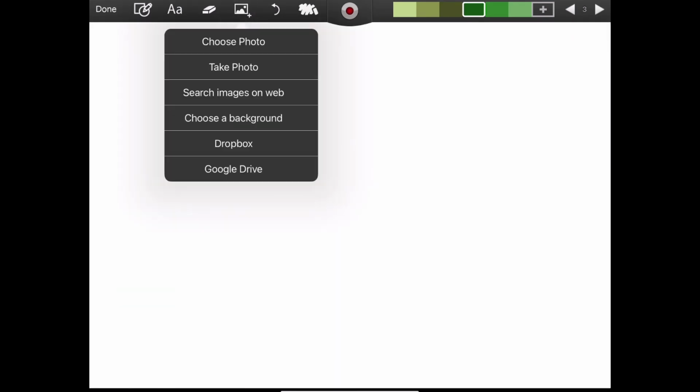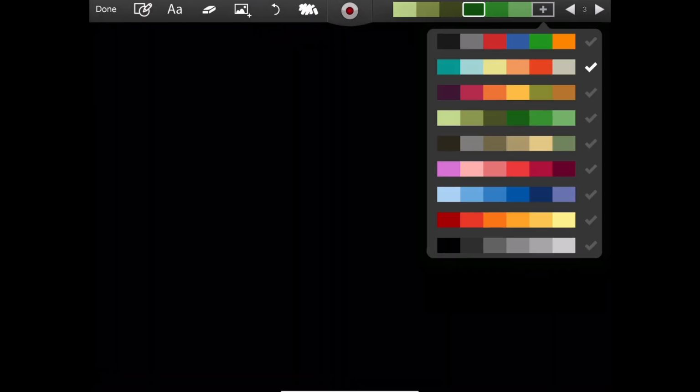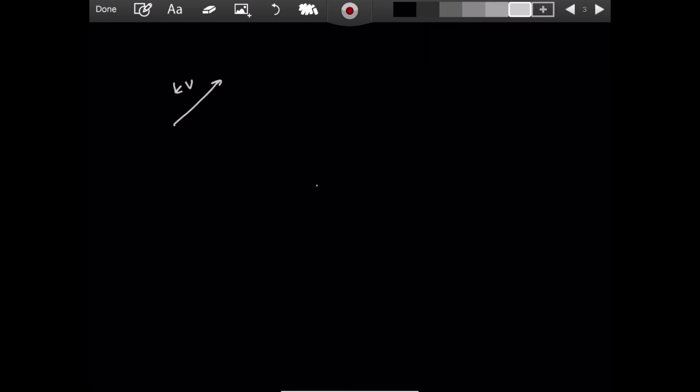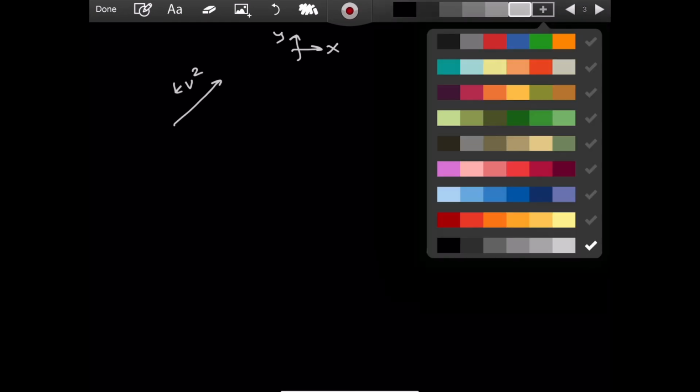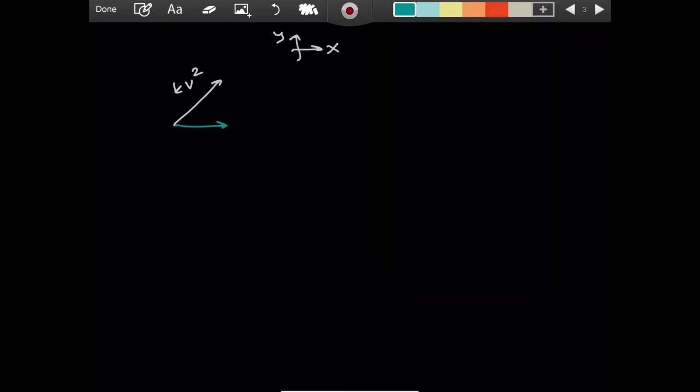That means, let me summarize this. Alright, so let me summarize what we just showed. We showed that if we have the force like this, kv squared, the quadratic drag force, and we choose a coordinate system like this, x and y, then the x component will be kv times vx and the y component will be kv times vy.